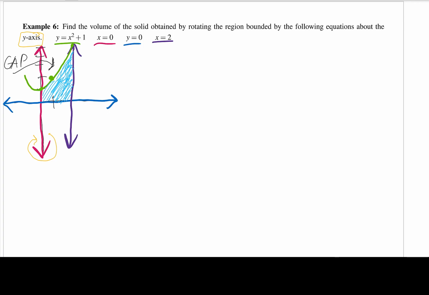Since we have a gap, we're going to be doing the washer method, which, to remind you, we know we're going to have a dy integral, but this should be the integral from a to b of pi times r out squared minus r in squared, and then dy.